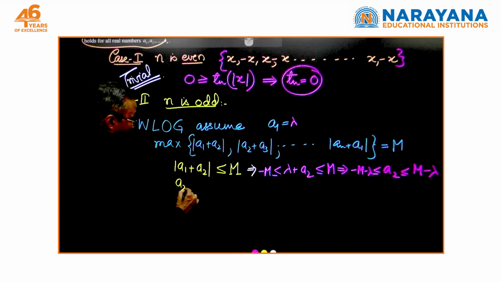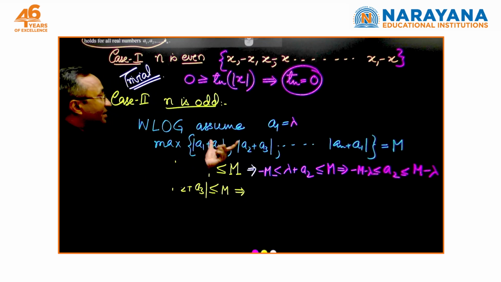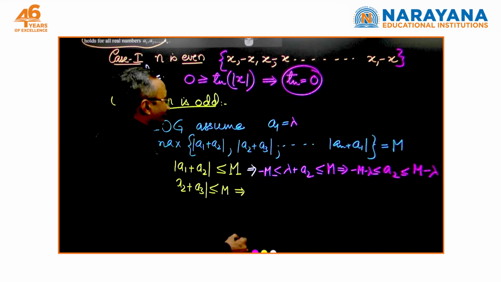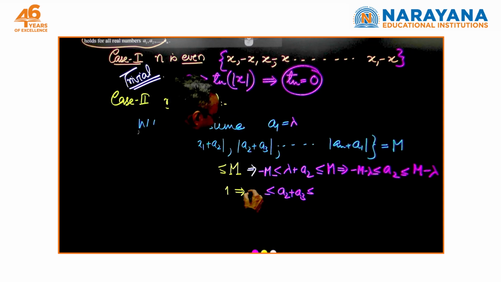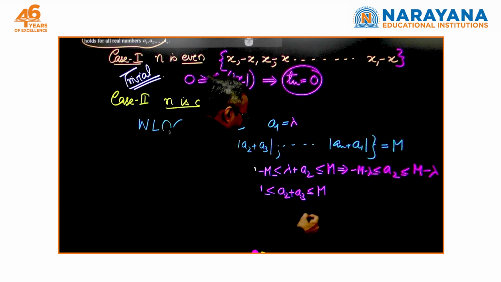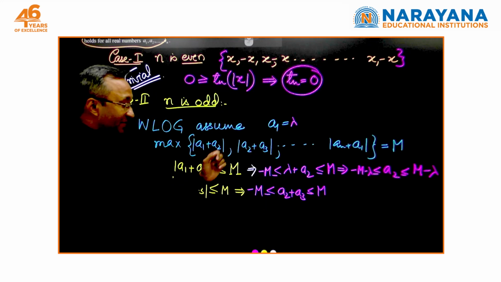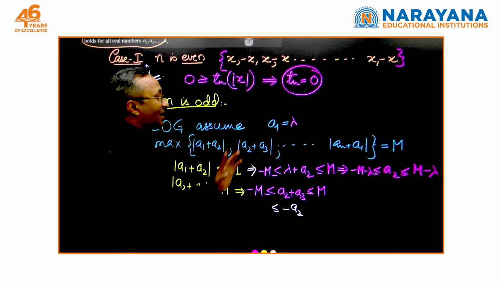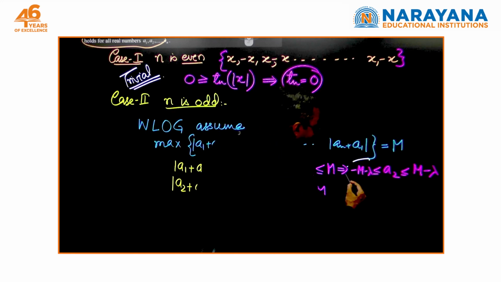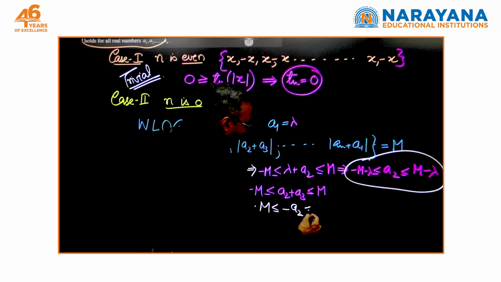Subsequently, |a2 + a3| should also be less than or equal to m, because m is the maximum, so it has to be bigger than any other value in it. So a2 + a3 should belong to minus m to m, but we already have an inequality for a2. It's just that a2 will not give me a3, so I do a small tweak. I use minus a2, that means I multiply a minus sign in this particular inequality, and this becomes lambda minus m to lambda plus m.